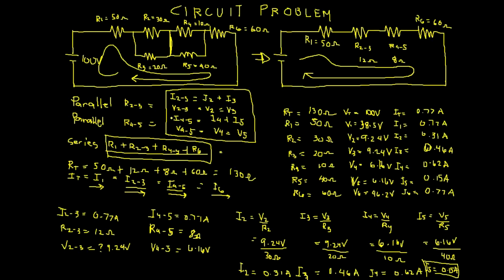So sa I4-5 natin ay I4 plus I5. So kapag pinag-add natin yung I4 at I5, ang ibibigay na sagot ay 0.77 ampere. So ang V4-5 natin ay equal kay V4, equal din kay V5. So yun, okay. So nakumpleto na natin yung circuit natin, yung mga hinihingi sa tanong. So meron na tayong RT hanggang R6, voltage total hanggang voltage 6, at total current hanggang current ng I6. So, yun.